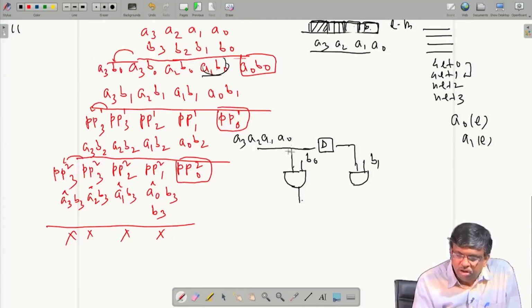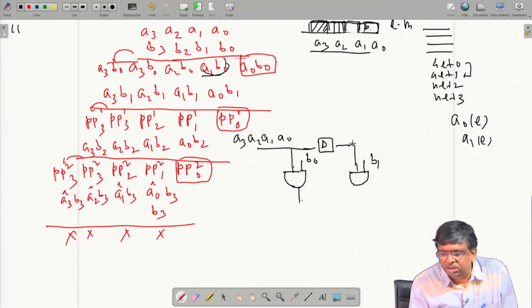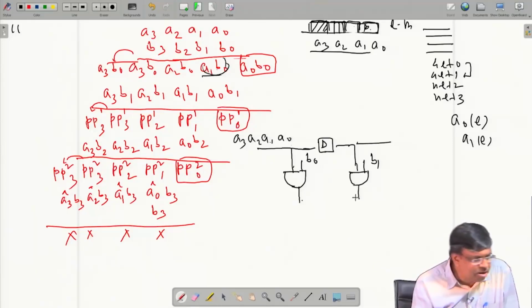So, now A1 dot B0 at 4L plus 1 has come. This will get added with A0 dot B1. A0 came at 4L plus 0, and after one cycle delay, it is coming here at 4L plus 1. So, at 4L plus 1, they will be added. So, there will be an adder, a full adder.